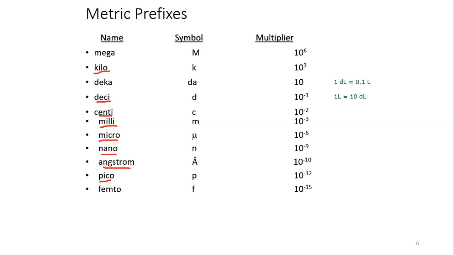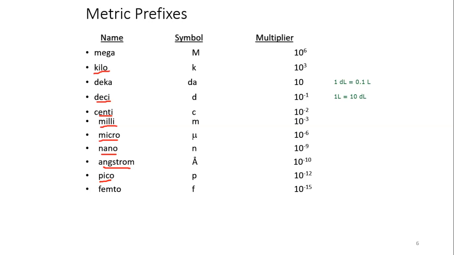So we talk about wavelengths in nanometers or picometers, bond lengths in nanometers, angstroms, picometers. So those last 3 are used quite a bit when discussing bonds in molecules and compounds.